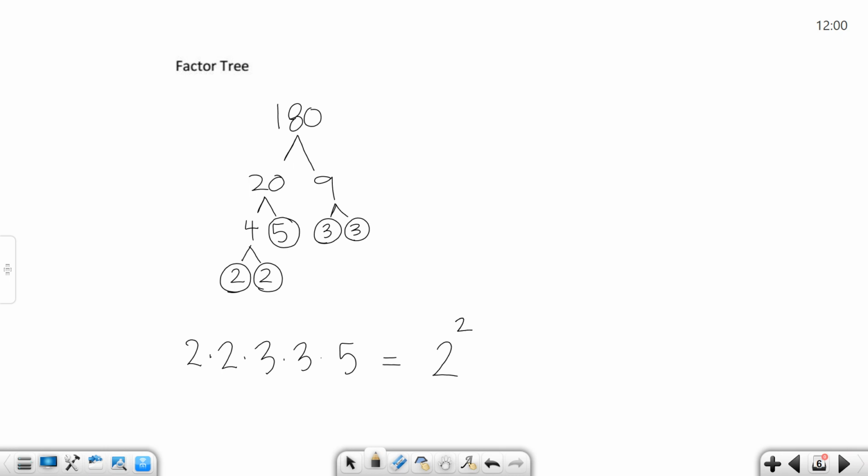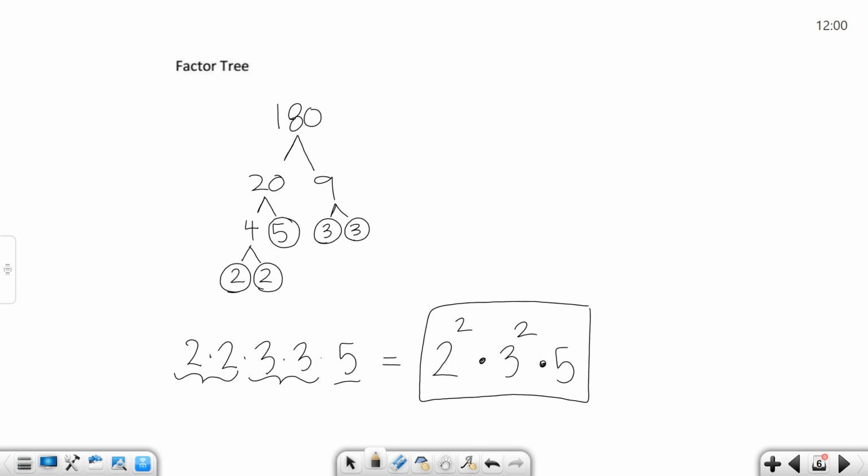There are 2 2's, so that's 2 to the 2. And there are 2 3's, so that's 3 to the 2. And then you have a 5. So that's how that one would look. And this would be the prime factorization of 180. We'll do a few more of these as the lesson progresses.